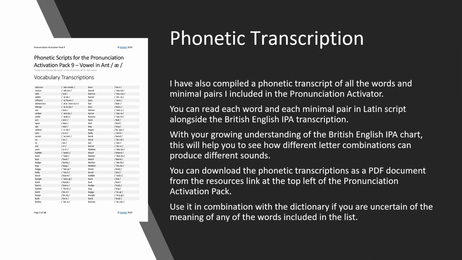With your growing understanding of the British English IPA chart, this will help you to see how different letter combinations can produce different sounds. You can download the phonetic transcriptions as a PDF document from the resources link at the top left of the pronunciation activation pack. Use it in combination with the dictionary if you're uncertain of the meaning of any of the words included in the list.